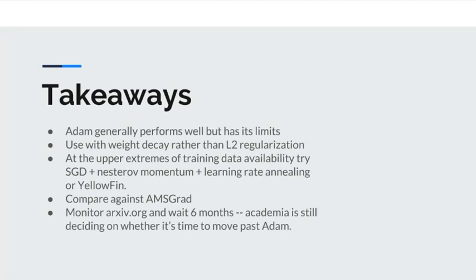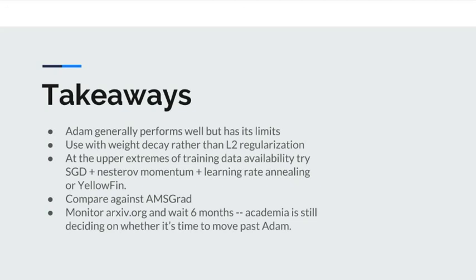So in general, Adam performs well, but it does have its limits. In particular, at the upper limits of training data volume, you should experiment with SGD plus Nesterov momentum and learning rate annealing, or a method like YellowFin, to see if you get better empirical results. Consider using weight decay rather than L2 regularization in conjunction with Adam.